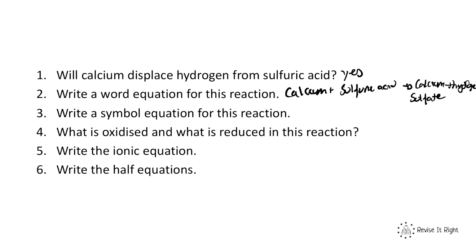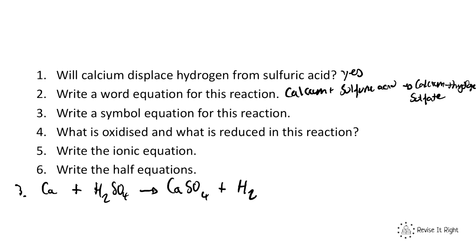Write a symbol equation for this reaction. I'm going to do this down here. So calcium, Ca, plus our sulfuric acid, H2SO4, is going to make calcium sulfate, CaSO4, plus hydrogen, H2.